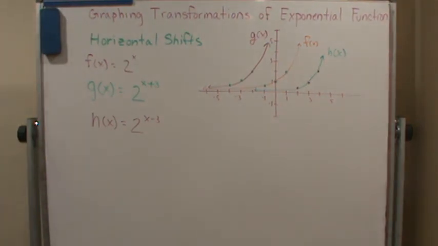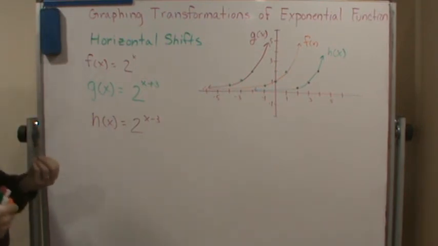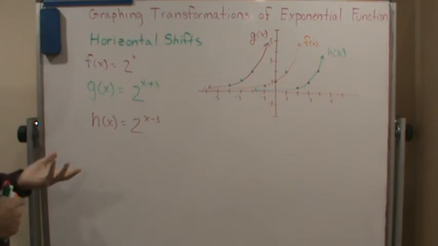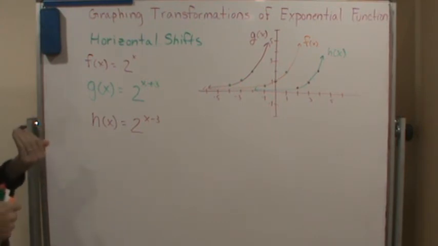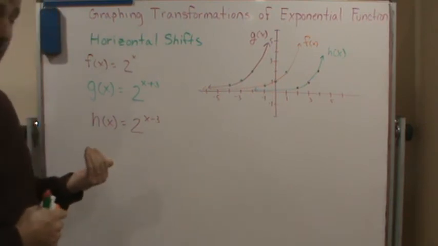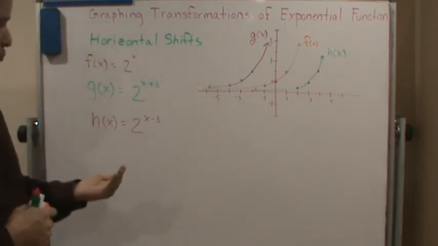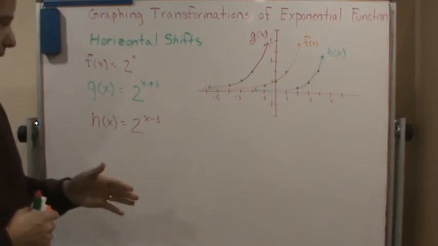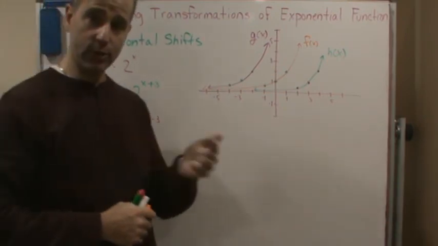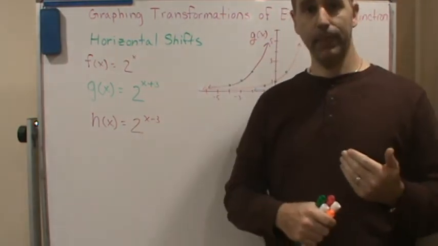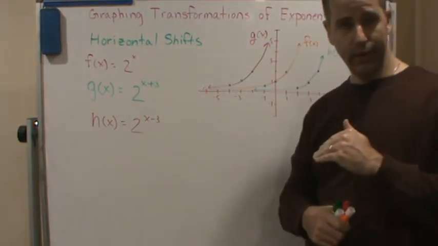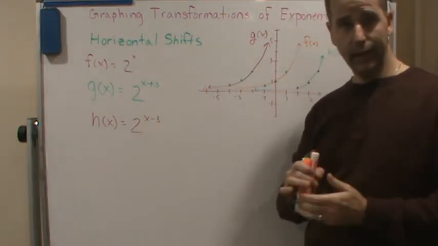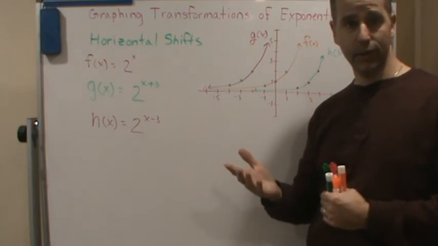Okay, so the takeaway is that when you add a constant inside the function, it effectively moves the graph to the left. If you subtract inside the function by some constant, then it's going to effectively move the graph to the right. And so it's kind of opposite what we saw in the vertical shifting, right? If we added outside the function, it moved up.